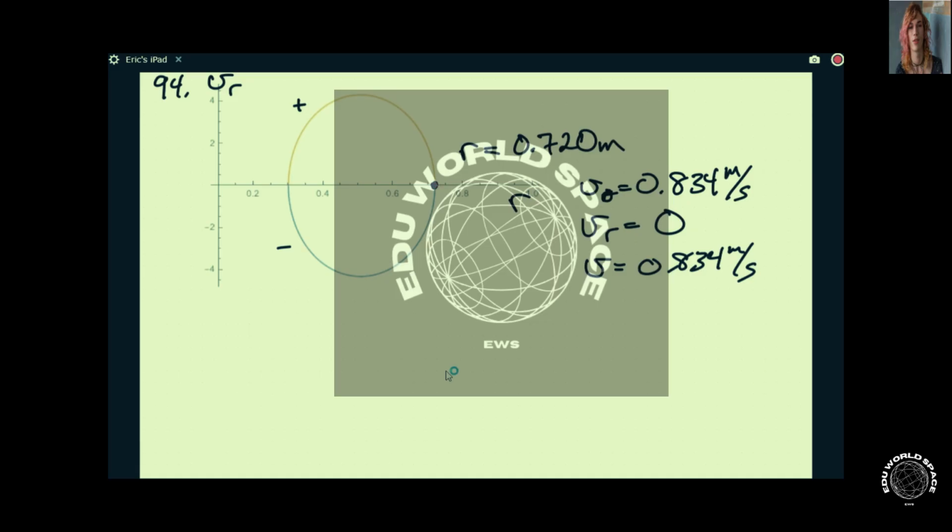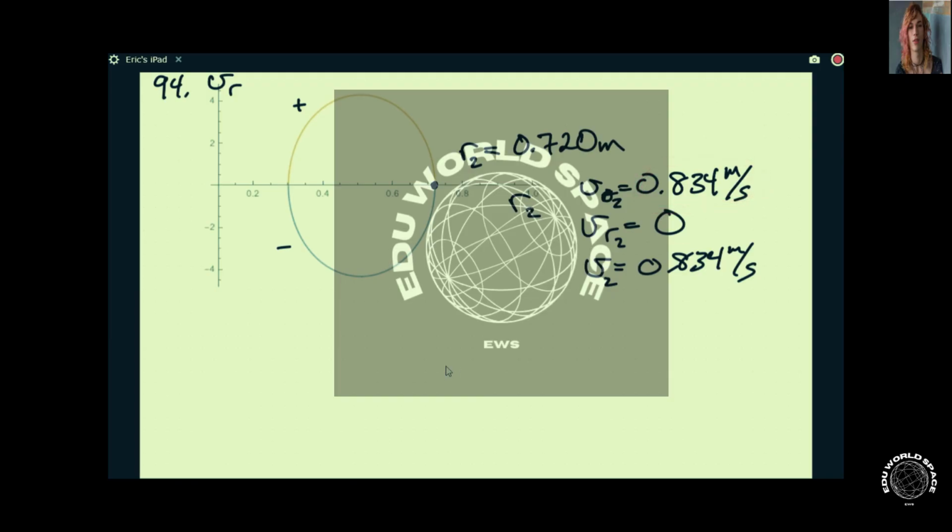And then once we have that, we knew V theta in terms of R2. Again, I should put some 2's on these, I suppose. So we can calculate this now, and that is 0.834 meters per second.